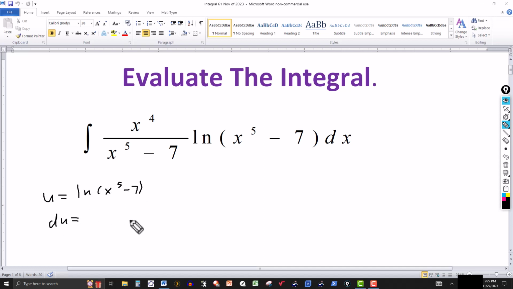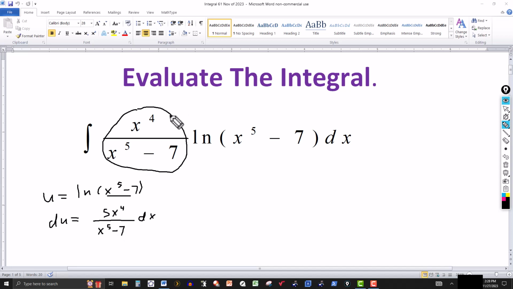The formula would be the x to the fifth minus 7 would go in the denominator, and then we take the derivative of what's in here, and that's 5x to the fourth. And that'll be your dx over here.